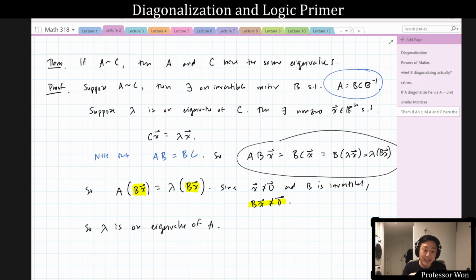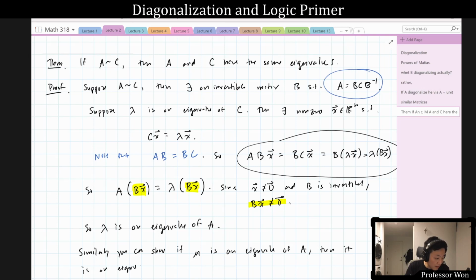Everywhere where I used A, use C. Everywhere I used C, use A. So you can similarly show that if mu is an eigenvalue of A, then it is also an eigenvalue of C. In other words, every eigenvalue of C is an eigenvalue of A, and every eigenvalue of A is an eigenvalue of C. In other words, A and C have exactly the same eigenvalues.